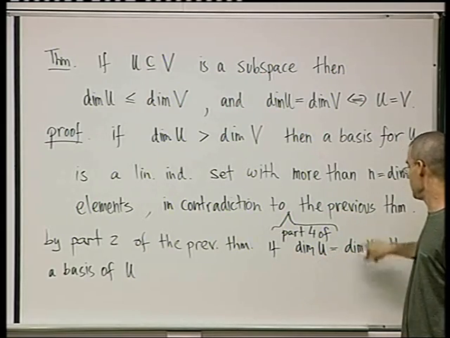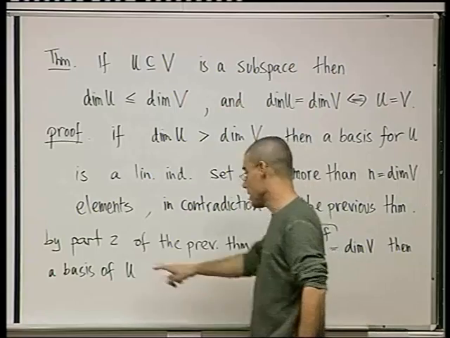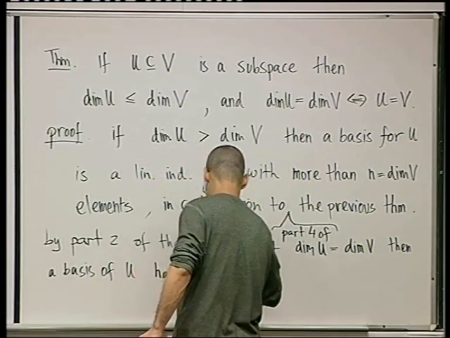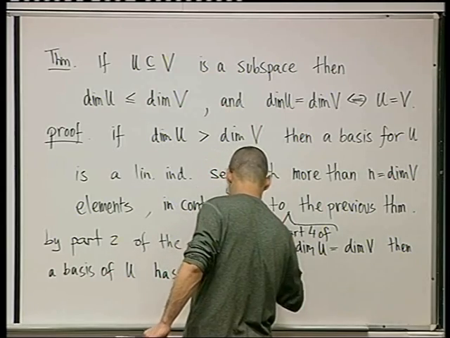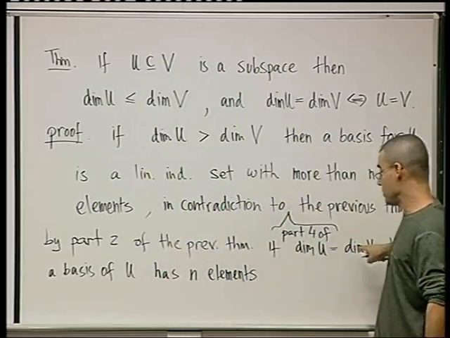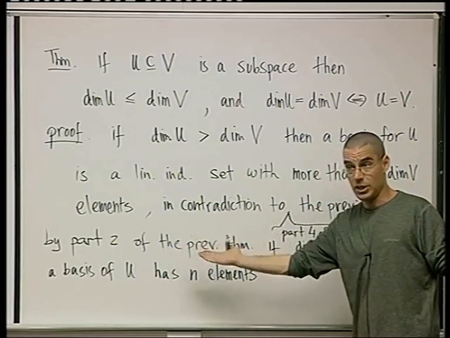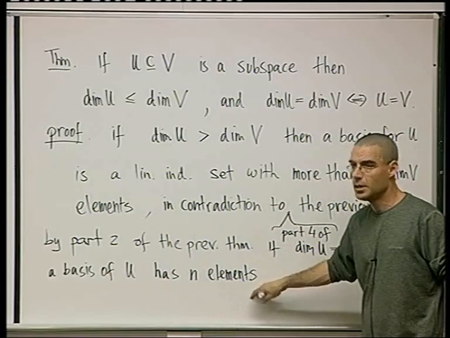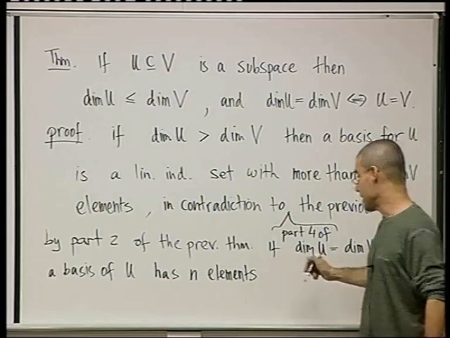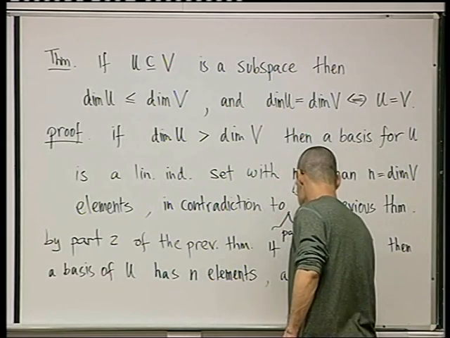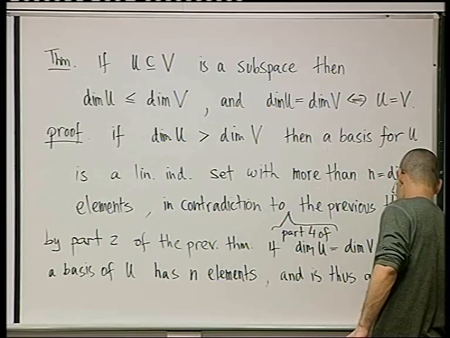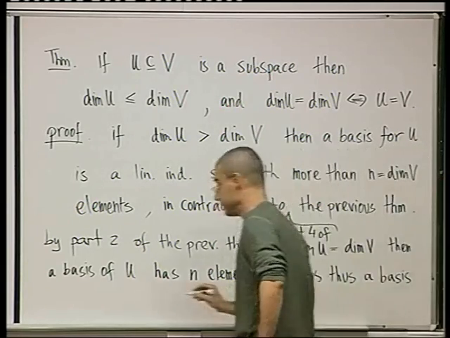The dimension of V we denoted by n, so it's going to have n elements. Right? And part 2 of the previous theorem said it's linearly independent with n elements, so it's a basis for the entire space. Okay? It has n elements and is thus a basis for V.